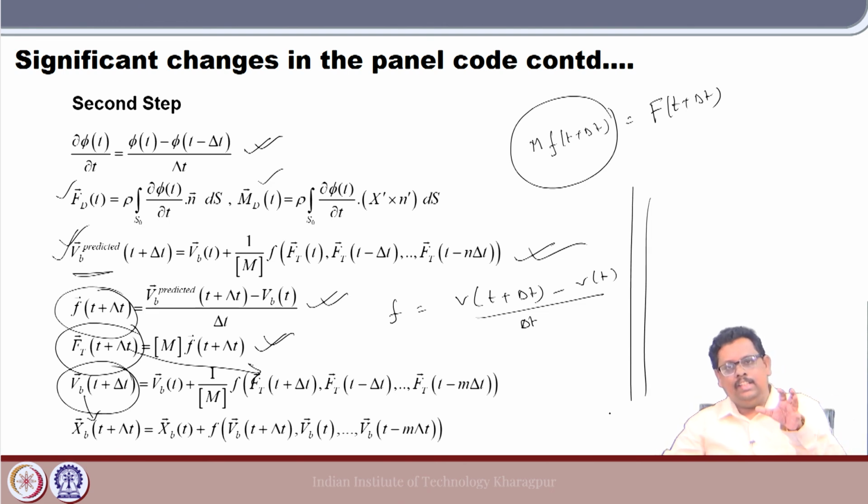You get the velocity, then use the forward difference scheme again to get the acceleration, then mass into acceleration gives the predicted total force in the next time step, and with that you figure out the predicted or corrected velocity. This is one scheme that we use and it works nicely.